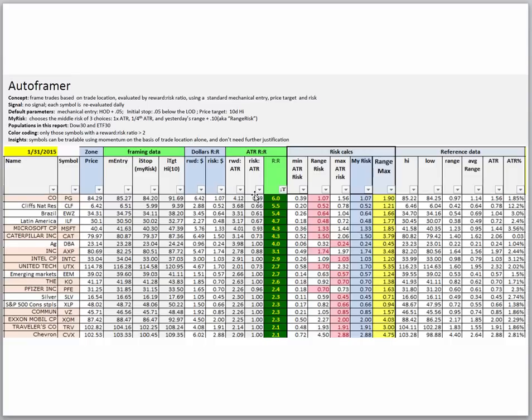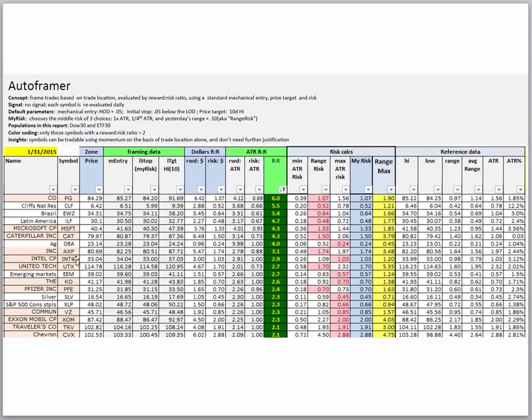And we would use a retest of the 10-day high as our mechanical price target or reward, and we would then compute that reward to risk ratio in this column. And we're looking here at a combination of Dow 30 industrials and the ETF 30 liquid ETFs that represent the global world market model, plus a few candidate targets that we like to trade.